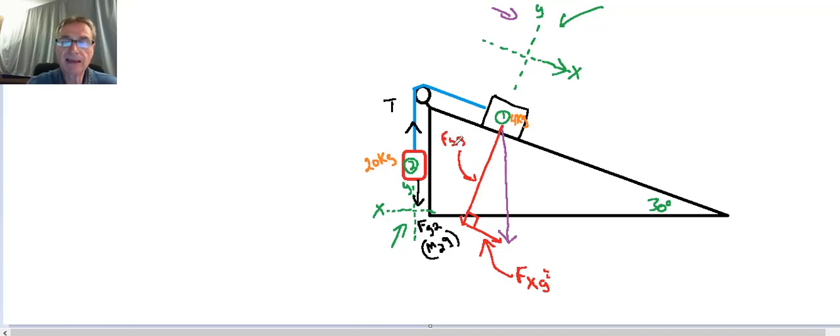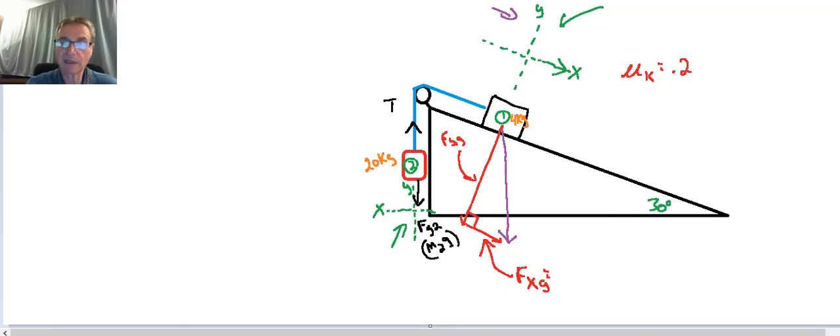Okay, and just to throw one more problem in the works here, we're going to say that we have a coefficient of kinetic friction between the block and the ramp equal to, say, 0.2. So we're going to have a lot of things going on. Let's first figure out the forces on the block that's on the ramp.